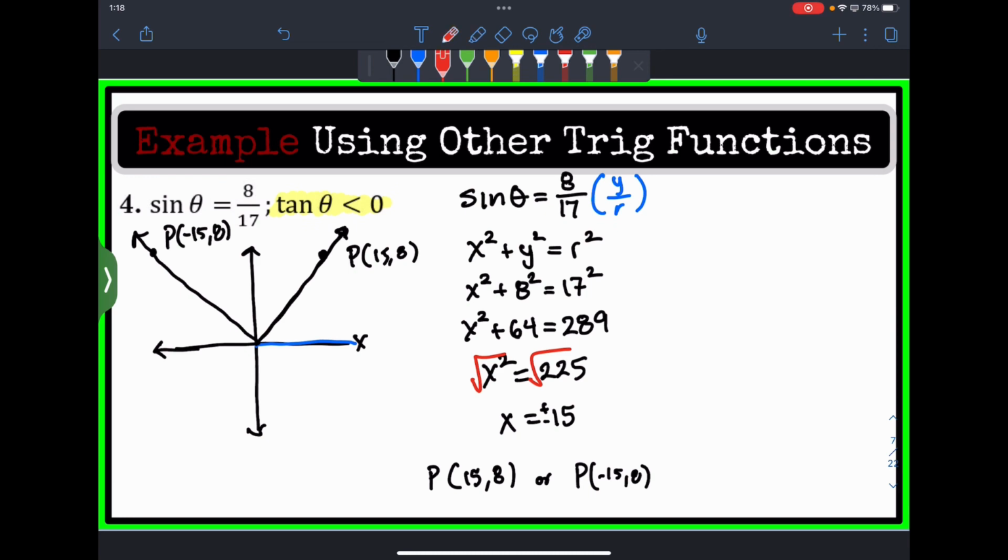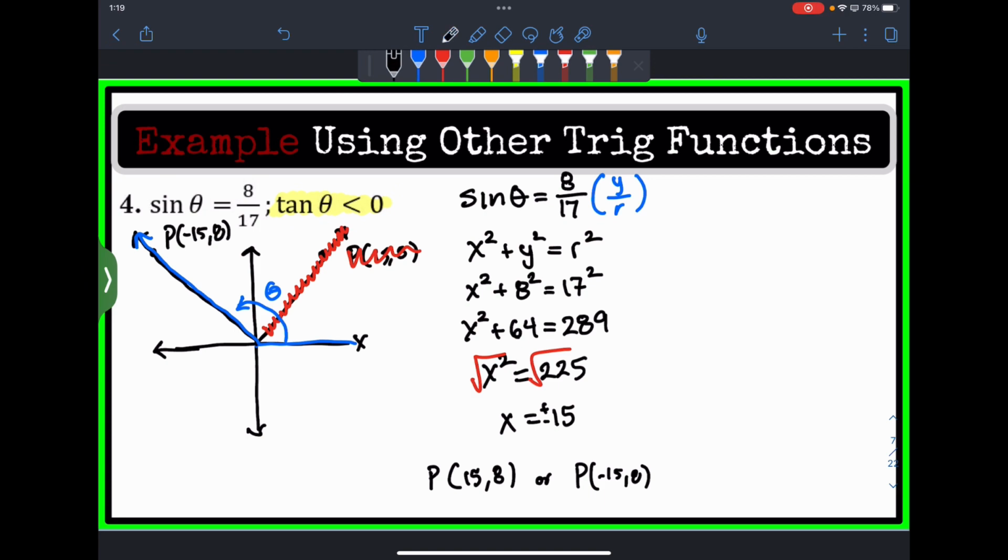So that automatically eliminates quadrant 1, because in quadrant 1 everything is positive and we want our tangent to be negative. So the only way to get tangent to be negative is if our x value is negative as well. So that means this is not where our terminal side is, so our point can be here. And that means that our terminal side is going to be over here in quadrant number 2, and this is the angle that we're looking at.